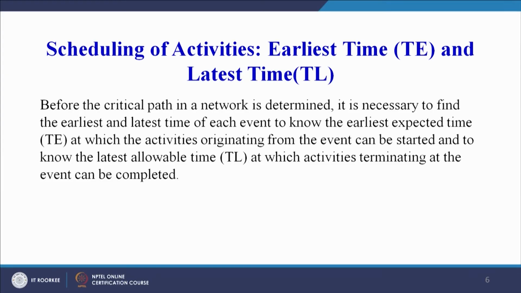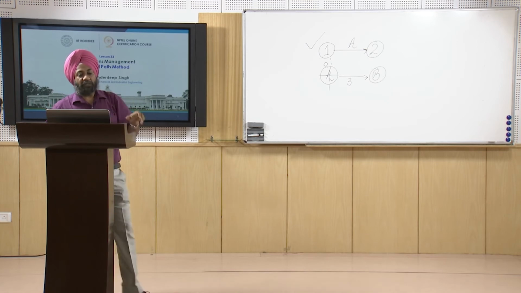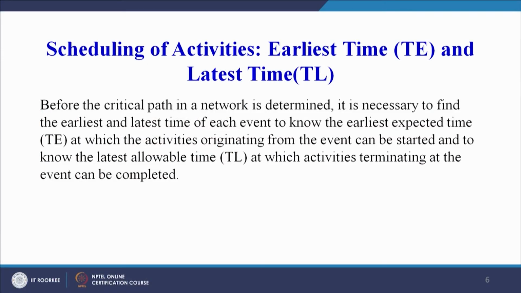Now scheduling of activities. I will read what is given on the slide and we will try to understand this with the help of an example. So for every event, as we have seen here, activity A and activity B represented on the node, they represent an event. Before a critical path in a network is determined, first of all we have to construct the network.